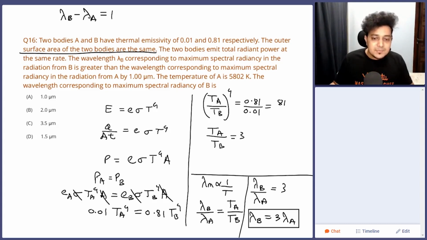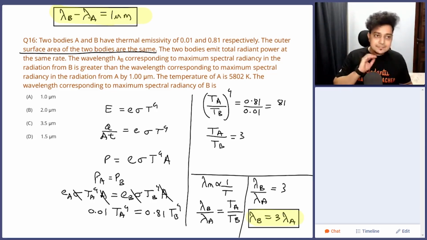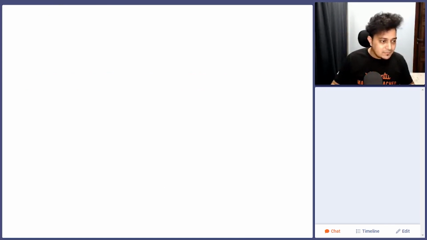By 1 micrometer. Now can you see two equations and two unknowns? This is equation number 1 and this is equation number 2. Solve them and you will get the answer. That calculation part I'm leaving for you.